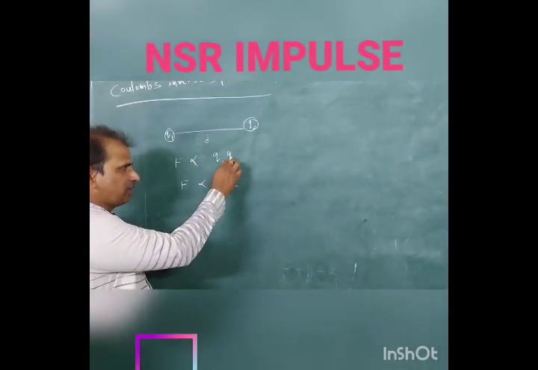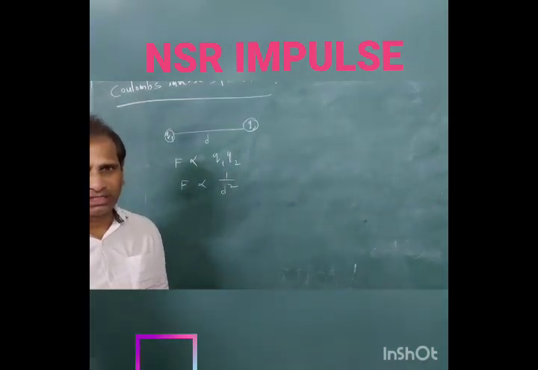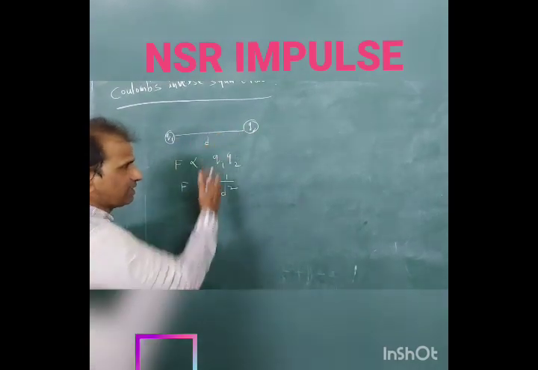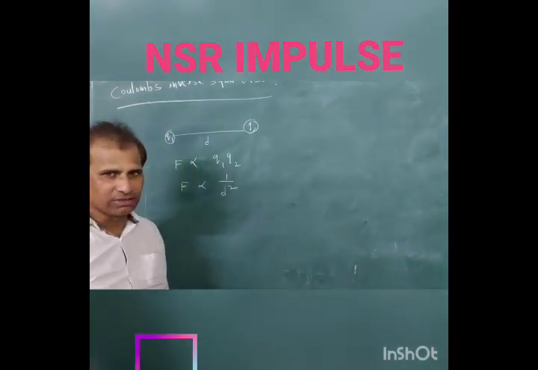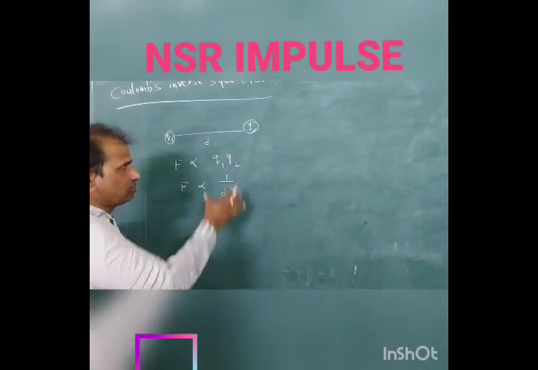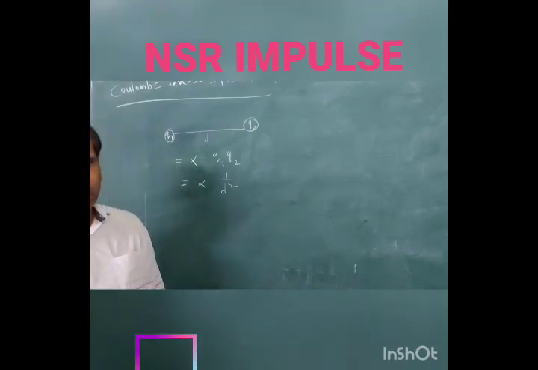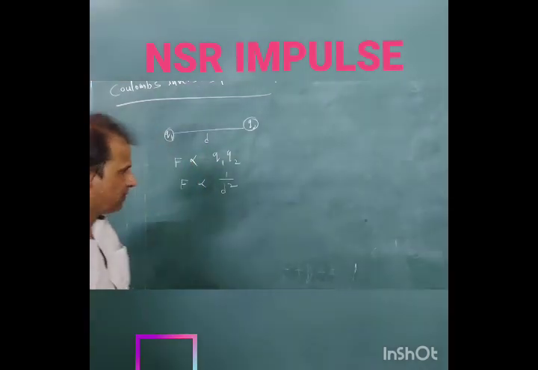If the magnitude of charges increases, then force also increases between them. If the distance between two charges decreases, force increases. If the distance between two charges increases, then force decreases. Means force is inversely proportional to the square of the distance.